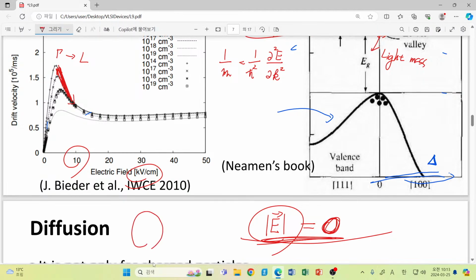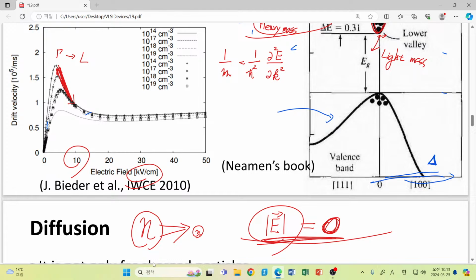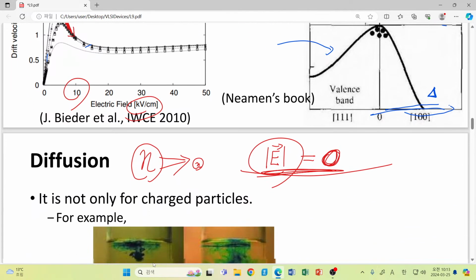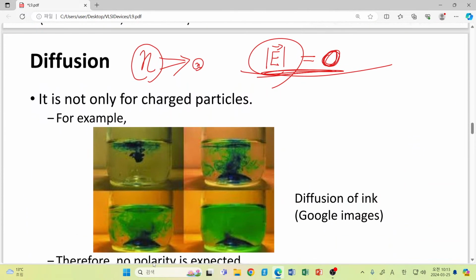If we have a high density of electrons in one place and a low density of electrons in another, then they will move. So simply speaking, in addition to the so-called drift mechanism initiated by the applied electric field, we have an additional mechanism which allows the movement of our electrons. What is it? As we all expect, that is called diffusion.